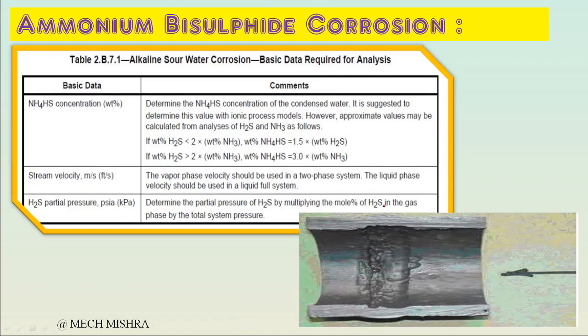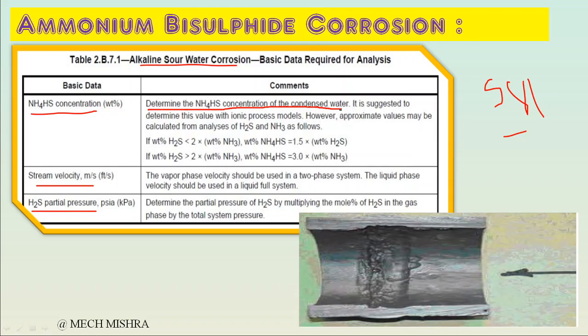So the second critical factor for alkaline sour water corrosion is, now we have seen three factors: NH4HS concentration, velocity and H2S partial pressure. Now how to calculate this? API 581 also recommends that we determine the NH4HS concentration of the condensed water.